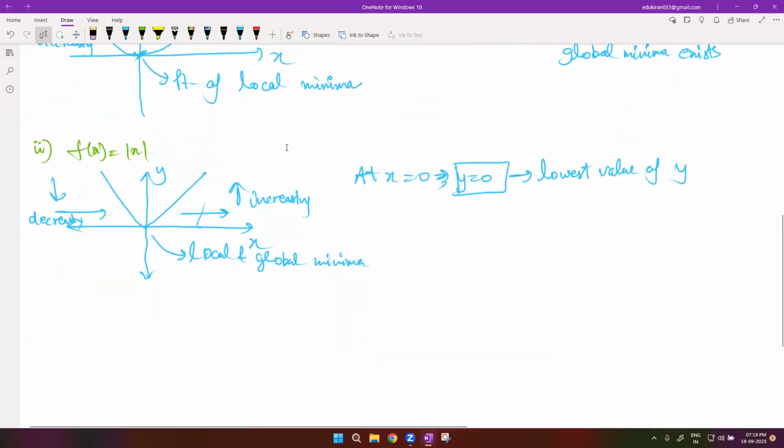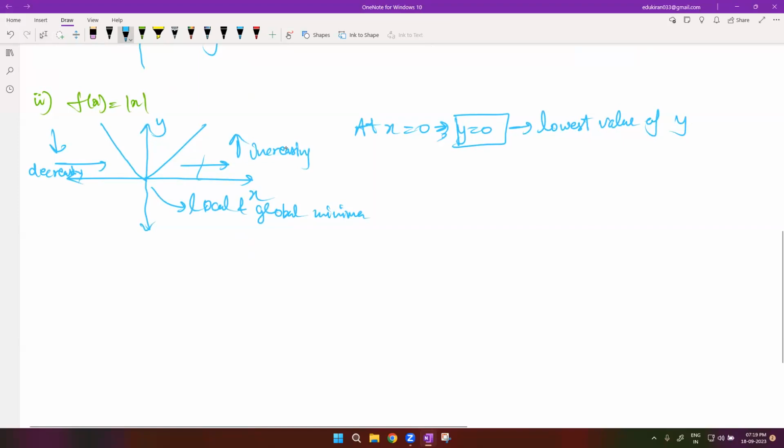So let's also understand some cases where there is no global minima or global maxima, or rather local minima or local maxima. Right now, in the whole chapter, we will only talk about local minima and local maxima. Global minima and global maxima work the same as local ones, but the only difference is that they will have the highest value. There will be multiple local minimas or local maximas, but there will be only one absolute minima or absolute maxima.